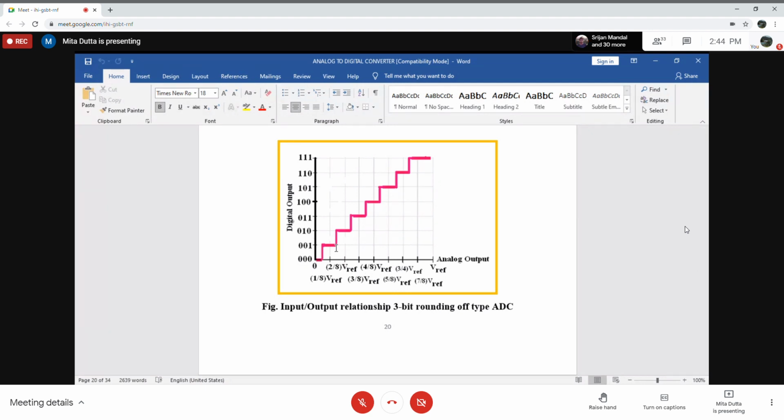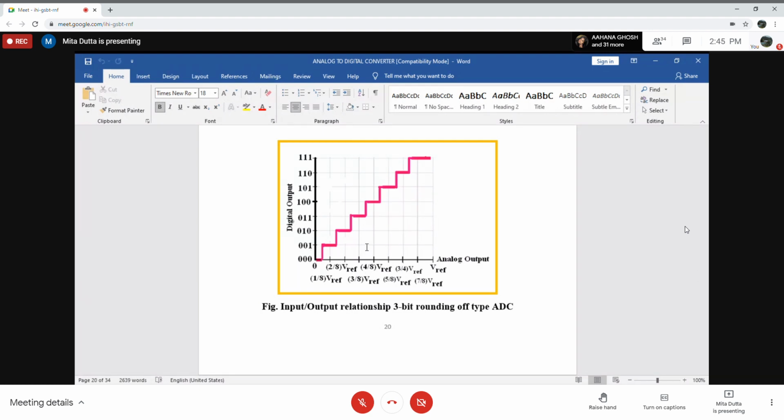But in case of 000 to 001, it is 0.5 LSB, and from 110 to 111, the quantization step will be 1.5 LSB. So in case of rounding off type ADC, the output changes state at the end of quantization step, except first and last step.